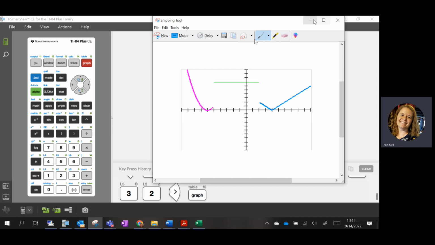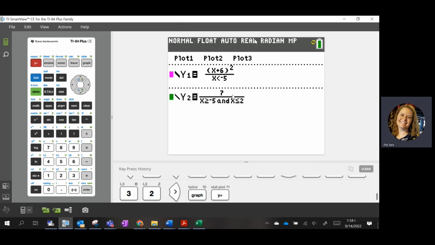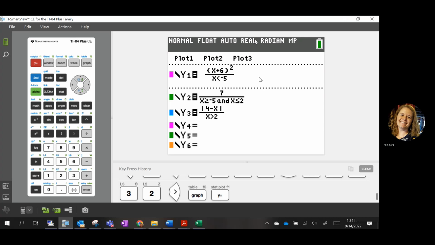Go back to, I have it typed in. We'll double check to compare. Is your syntax also?